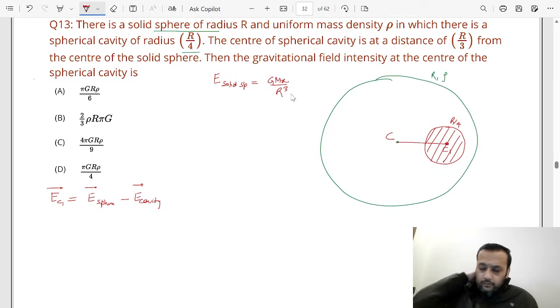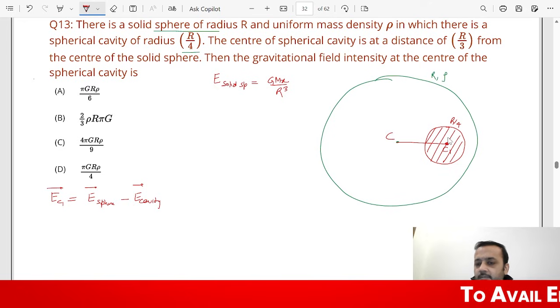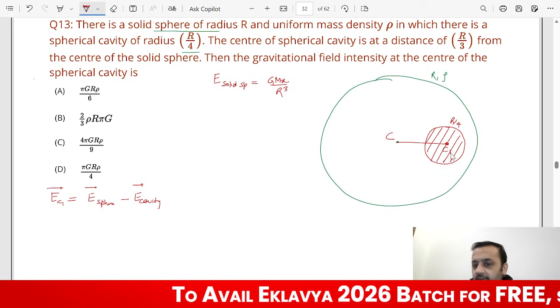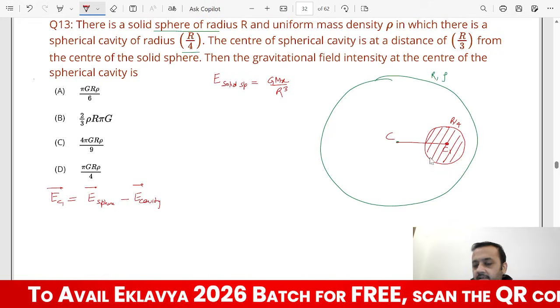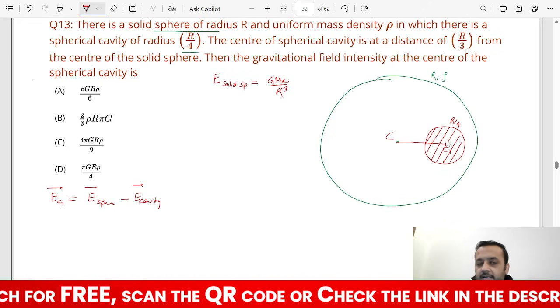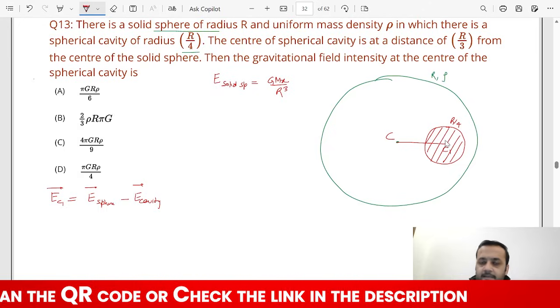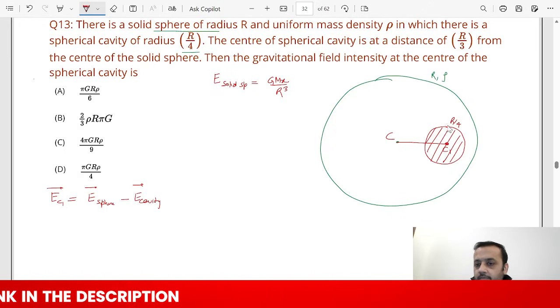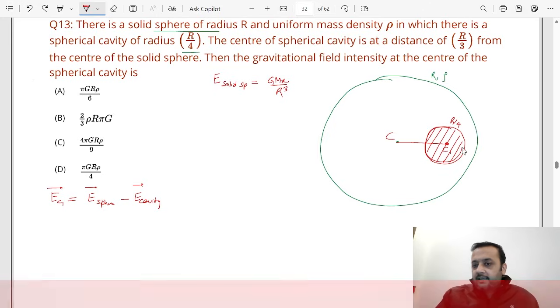So if you look at this sphere which has been removed, C1 is at its center. The field of the shaded portion at the center C1 will be 0, because x, the distance from the center, is 0. This entire cavity, this entire solid sphere which has been removed, will create zero field at C1.